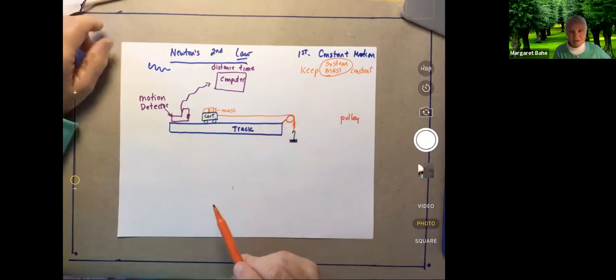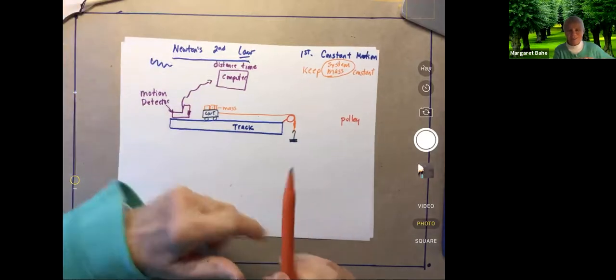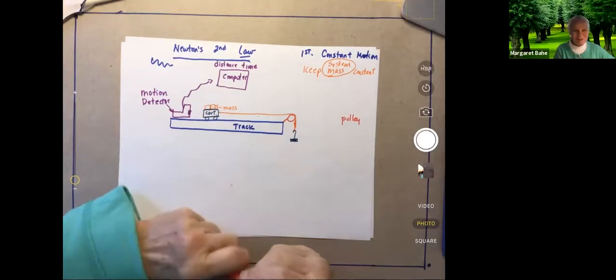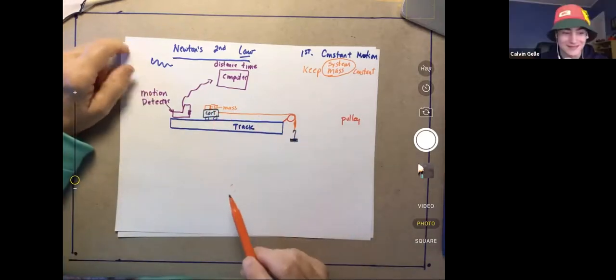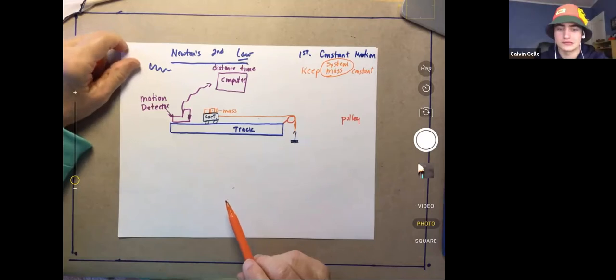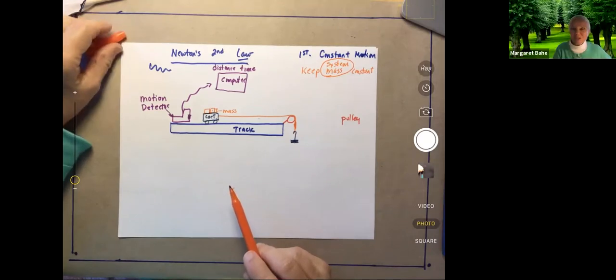Calvin, are you there? I think he's disappeared. Joseph, are you there? Unmute yourself. Yes, I'm here. Well, it was for you. Calvin had disappeared for a moment.